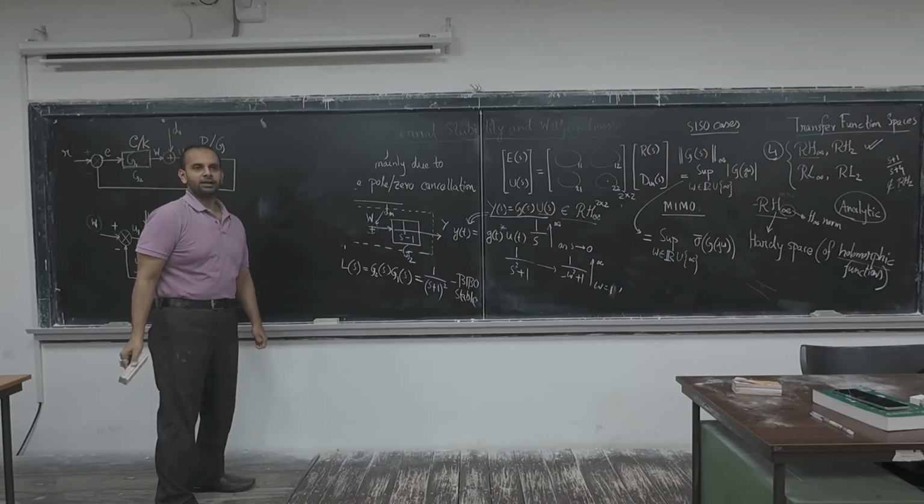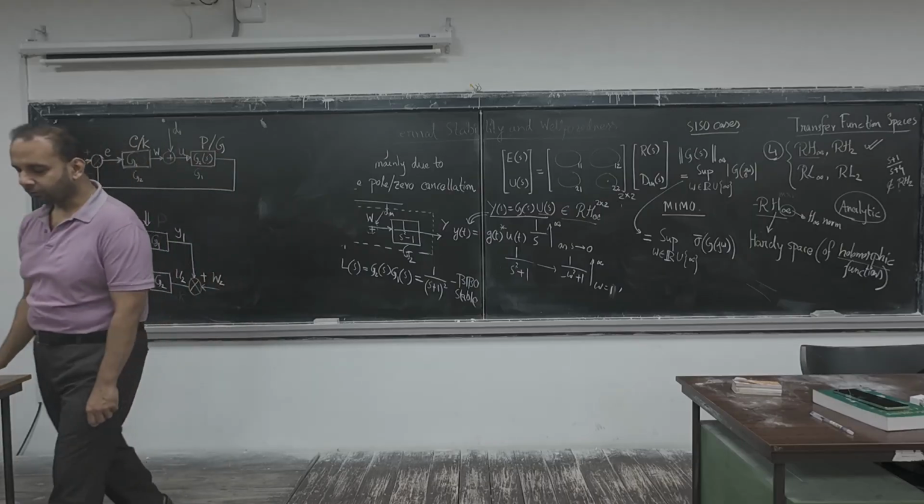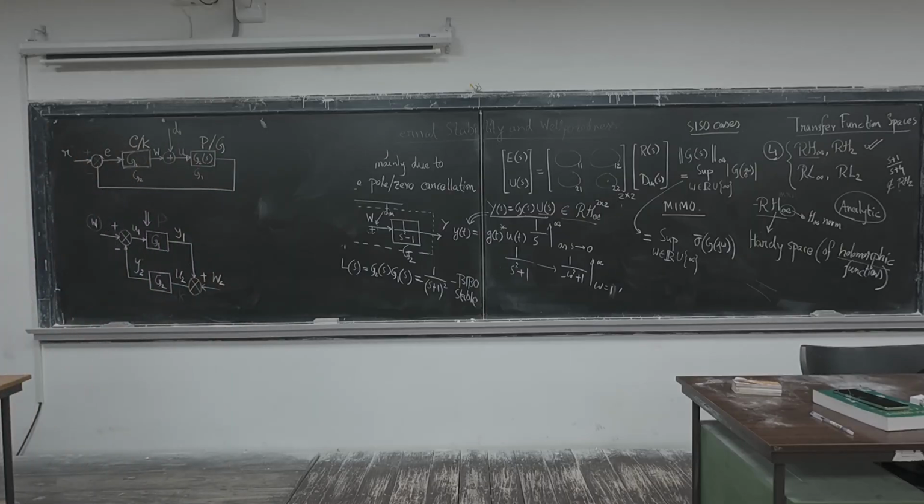Among these four signals, the four letters we have just learned, one is W, then Y, U and Z. I believe only Z is completely new to you, right? W you have understood, exogenous signal. U, control input. Y or YM means output or measured output. But what stands for Z?